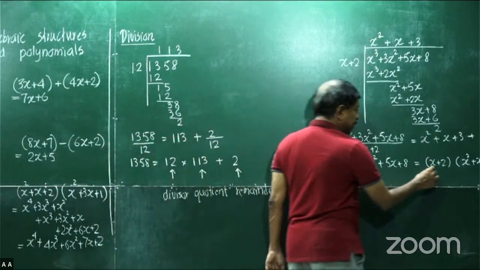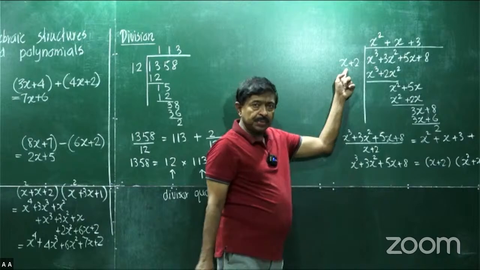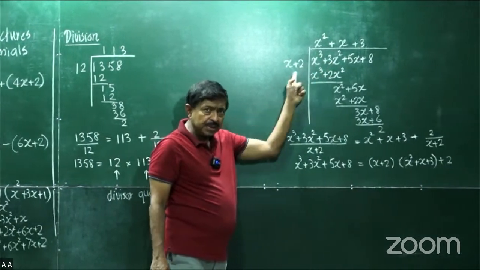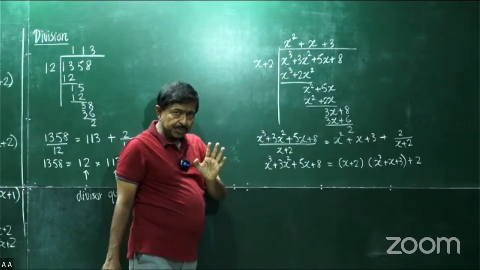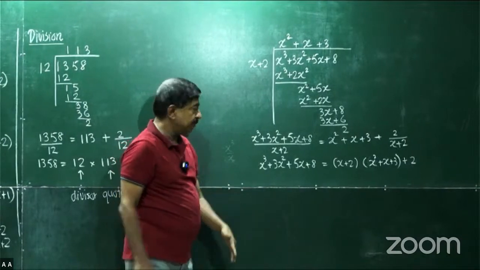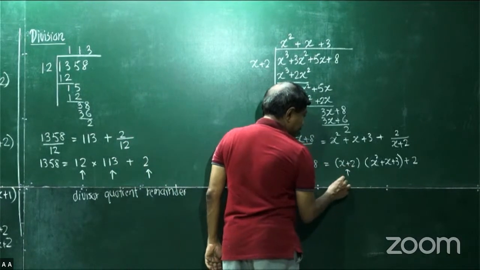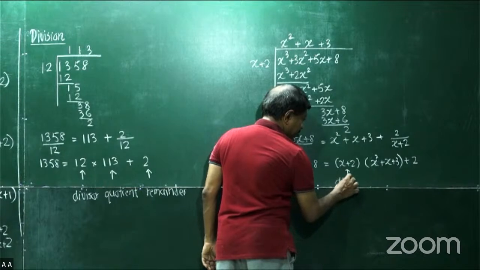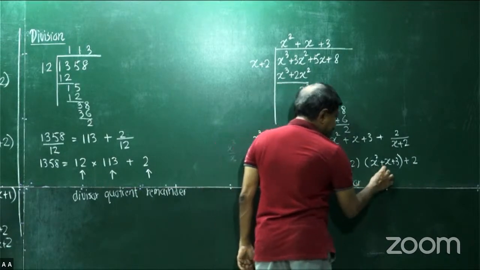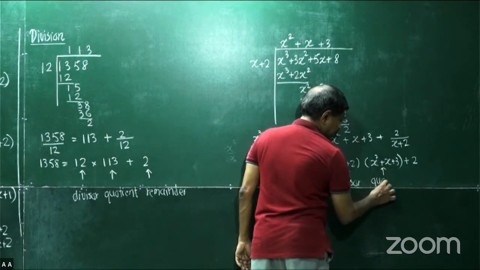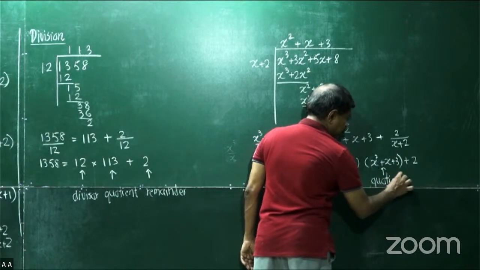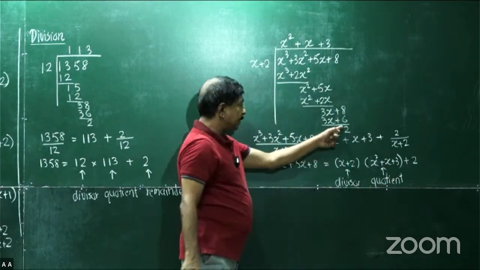Here also the same: you divided this guy by x plus 2, so x plus 2 is the divisor. This is the answer, the quotient, and 2 is the remainder.